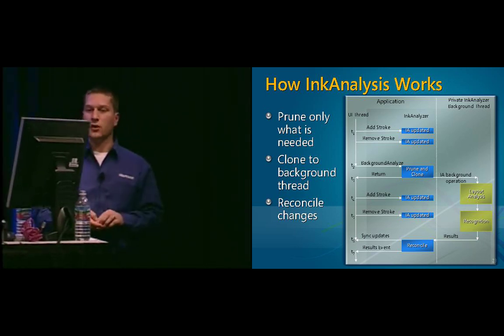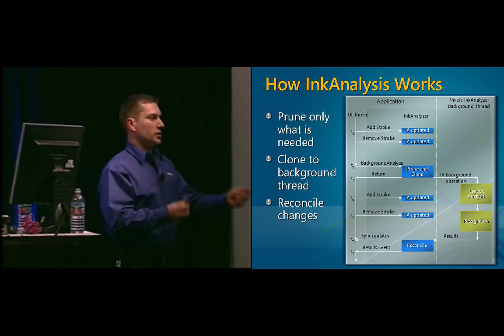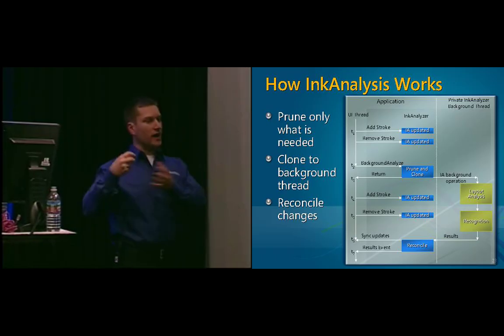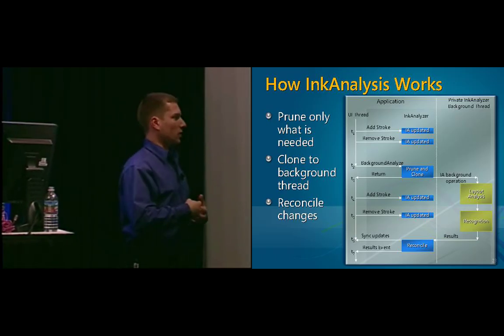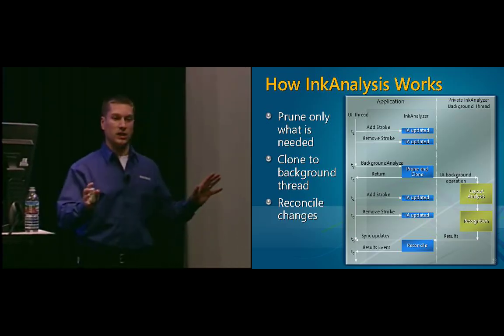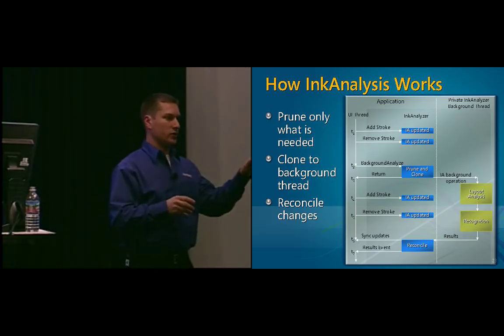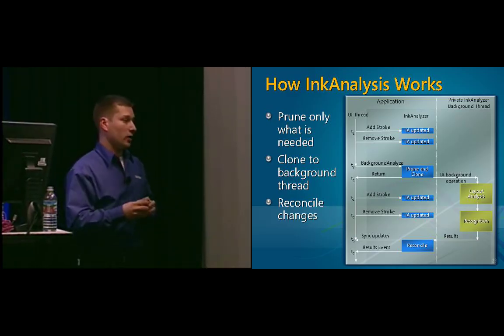That's going to kick off the first stage, which is the pruning step. Instead of us grabbing all of the ink data that you told us about and re-recognizing it, we're going to look at the data that is relevant to the current operation. If we've never analyzed anything before, we're going to pull it all in. If we've analyzed everything but one stroke, we're going to pull in the minimum set of data that we can to analyze that one stroke.